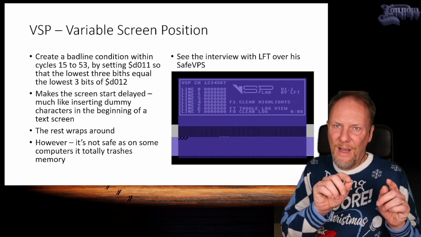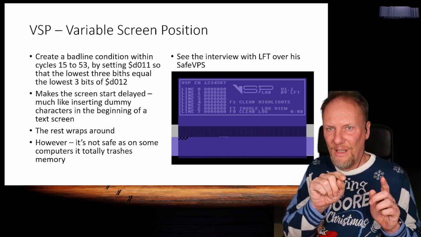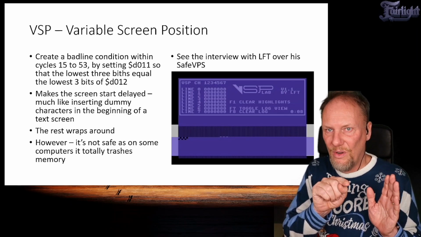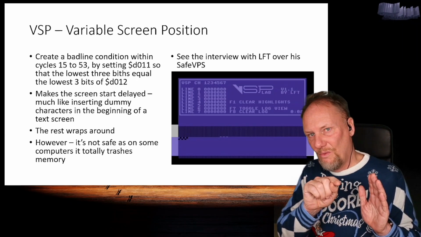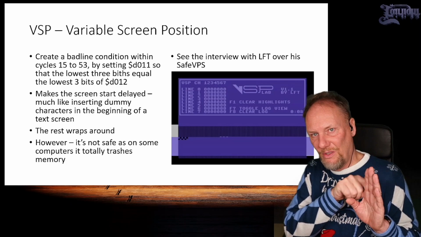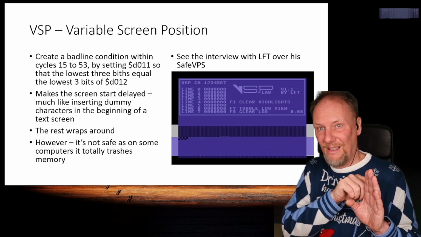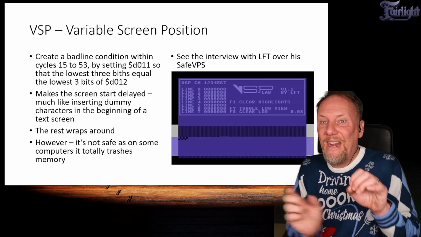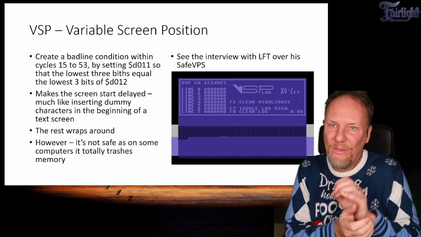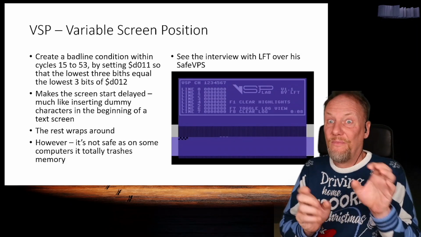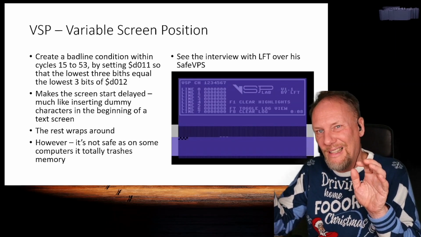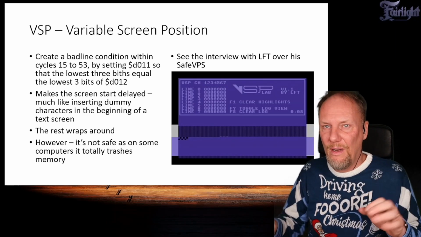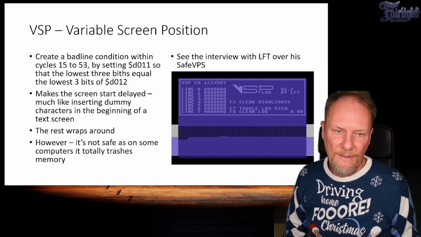So what actually happens is that it starts writing the character row a bit into the screen, and then it wraps around so that basically the next character row is the end of what should be the first part. So the first part of row 2 is what is actually the end of row 1 if you didn't apply the trick.